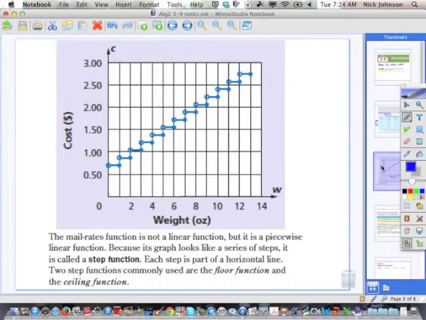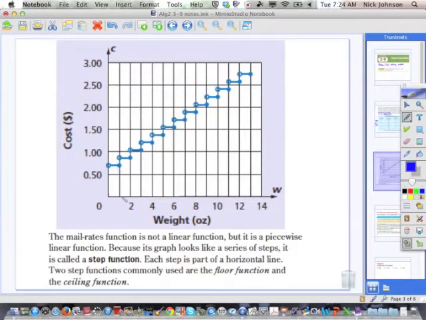Well, we graph it using a function that looks like this. Okay? If you notice here, at 0 and anything until it gets to 1, the price is going to be 70 cents. If you have a 0.1 weight, it costs you 70 cents. If you have a 0.2 weight, it costs you 70 cents, and so on.